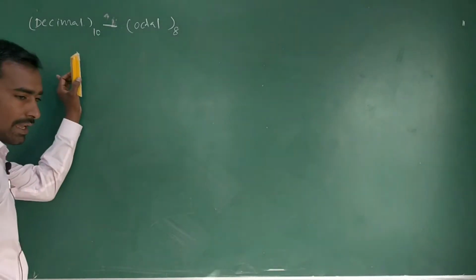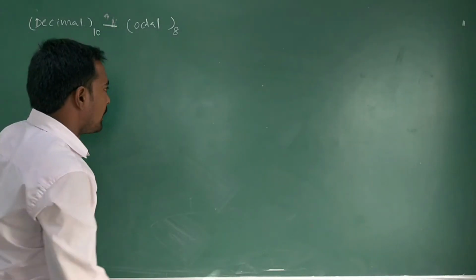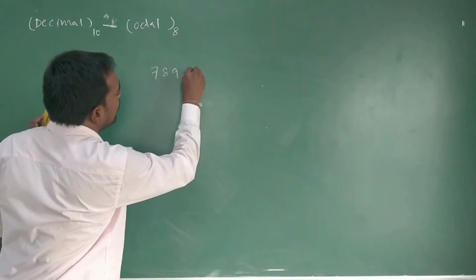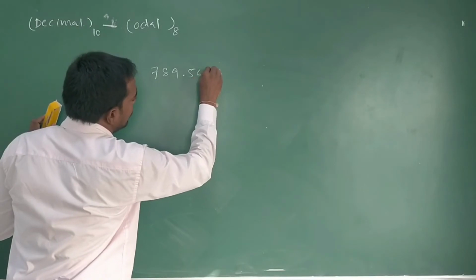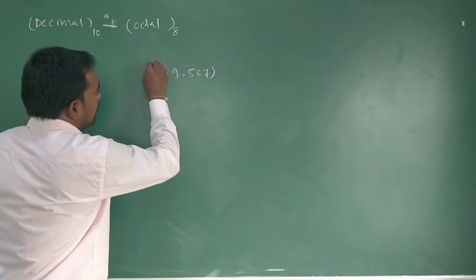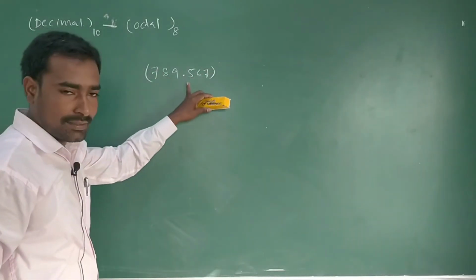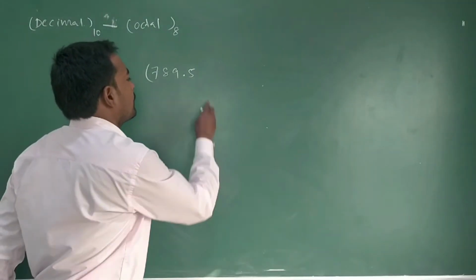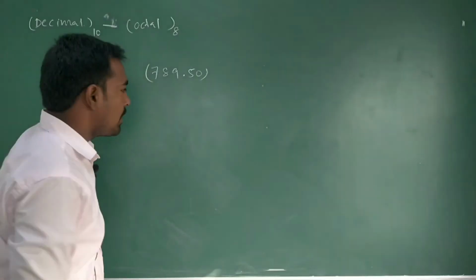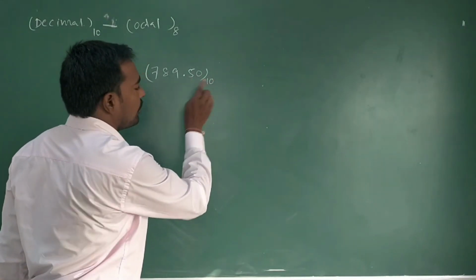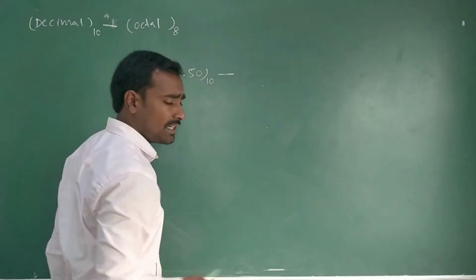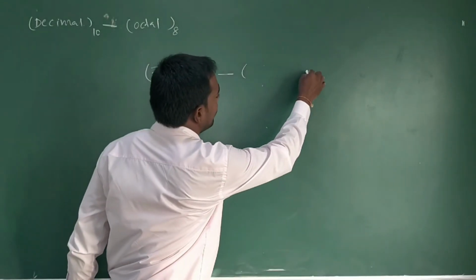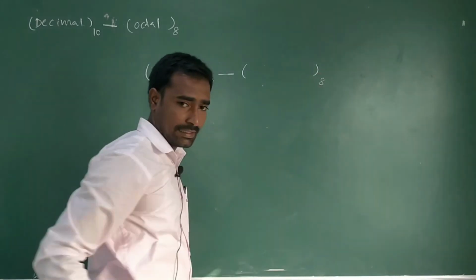Take as an example the decimal number 789.50, which has the base of 10, and this number will be converted into an octal number, which has the base or radix of 8.